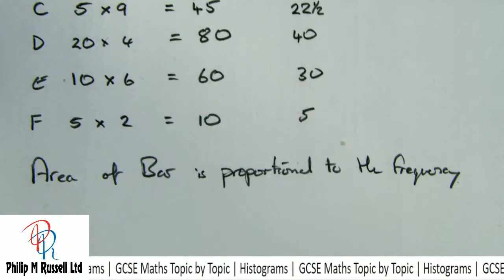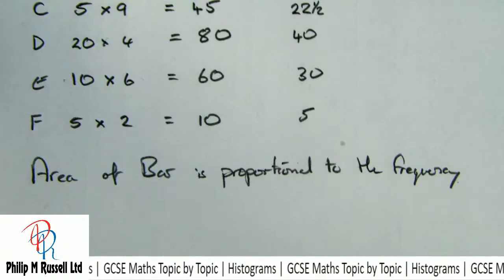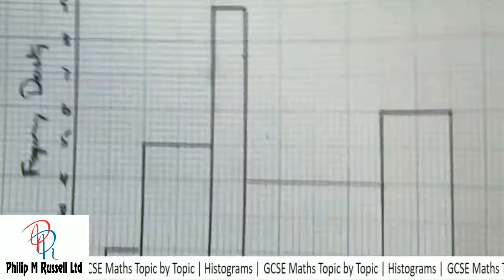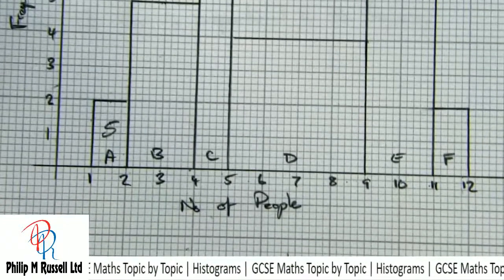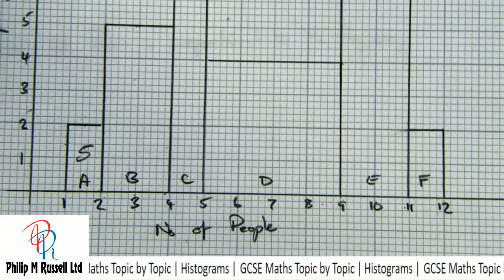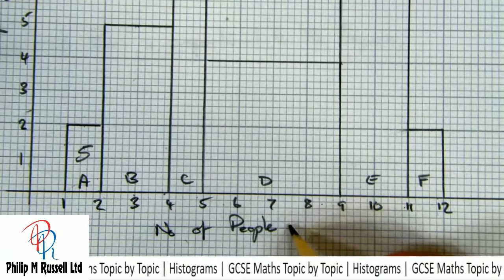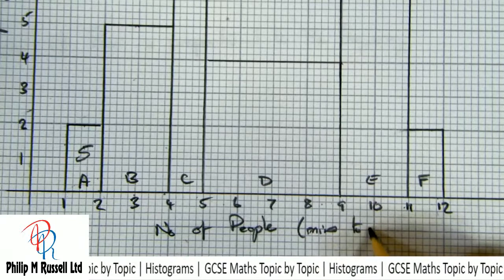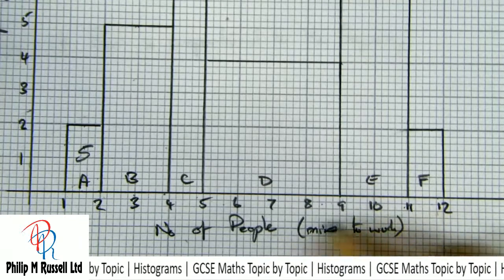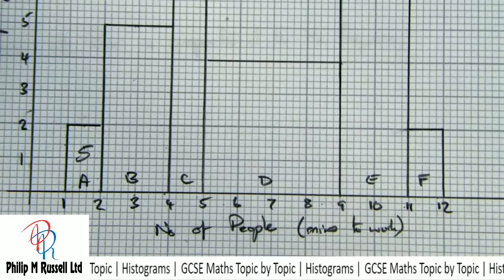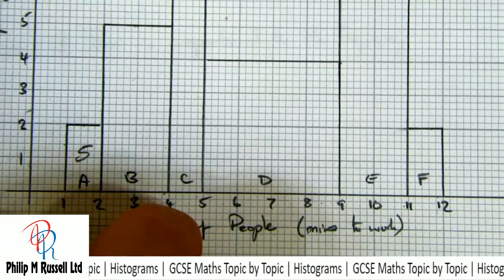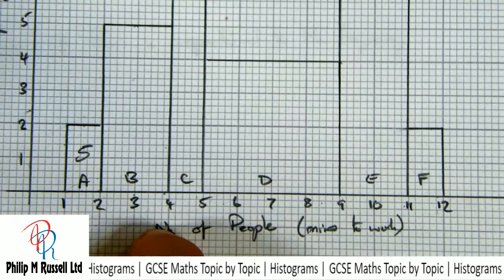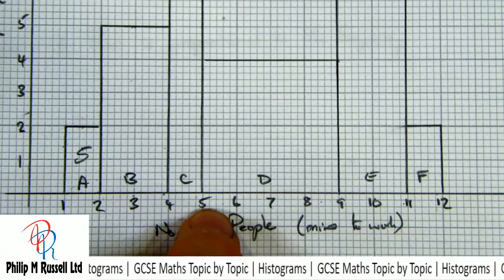So we can look at a question and we can try to work out, perhaps, I know, if this is minutes people took to go to work. Whatever we're going to choose, I want to know the number of people that took, perhaps, let's say, less than 5 minutes.